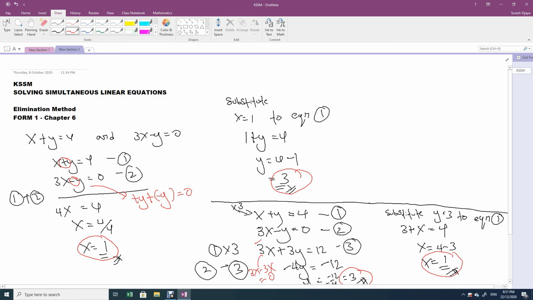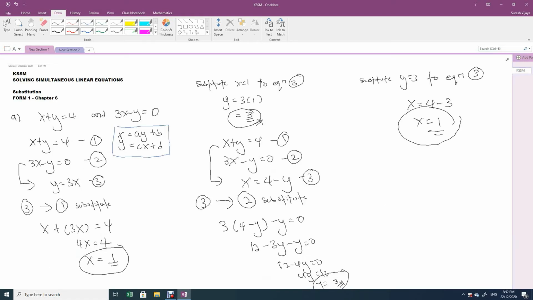That's why in the first example I have to add up, and in the second example I have to minus out. You can see the answer will be similar to what we have done for the substitution method. X equals to 1, y equals to 3. So I will advise you to know at least one of the methods to solve a simultaneous equation. Thanks.